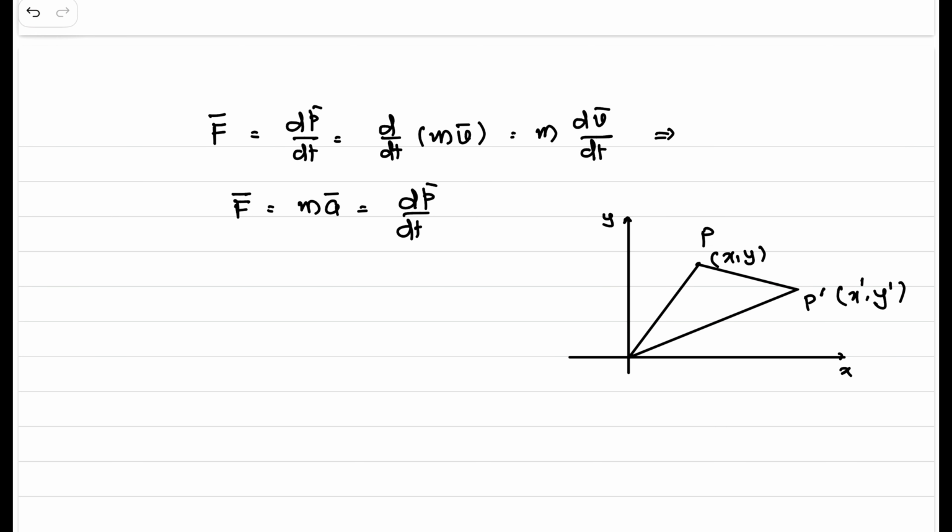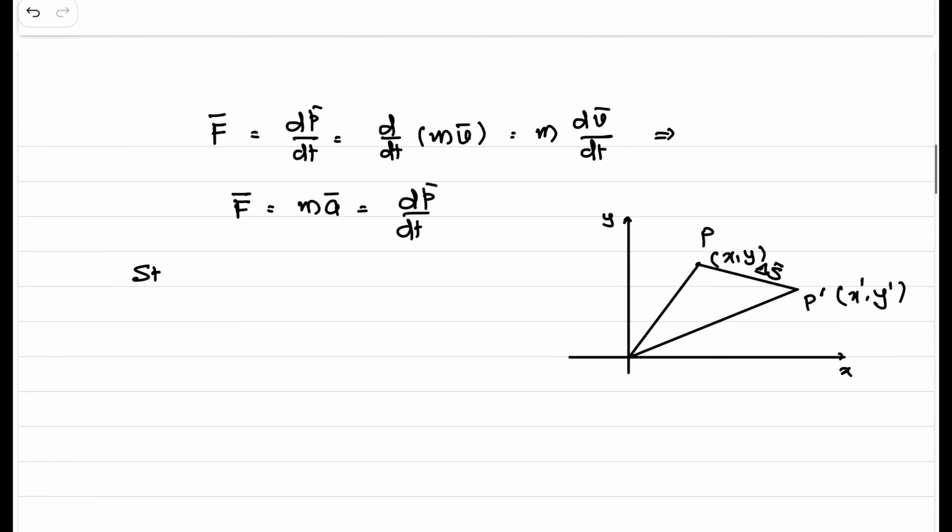From P to P dash, there is a displacement, delta U. There is a displacement of the particle from the position xy to x dash y dash over some point of time. That means a time factor is also required to understand the state of the particle.